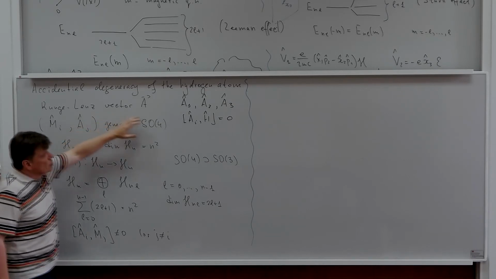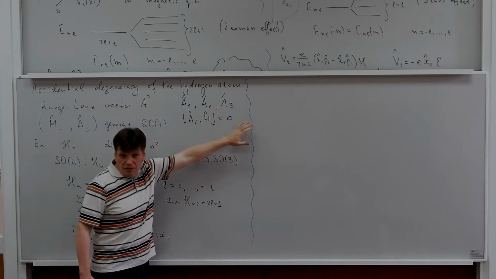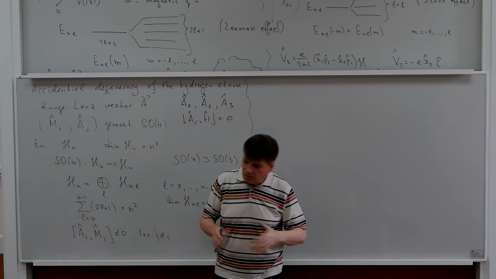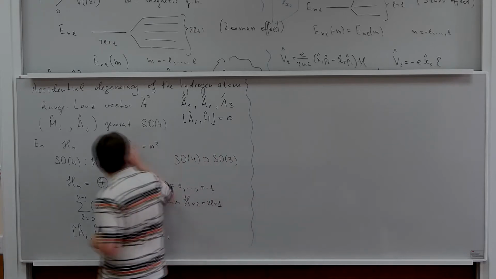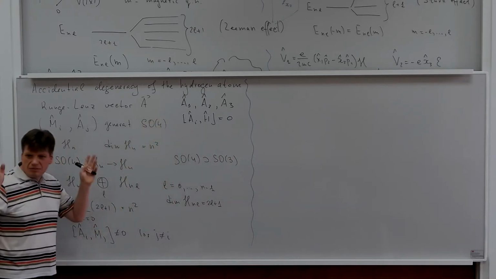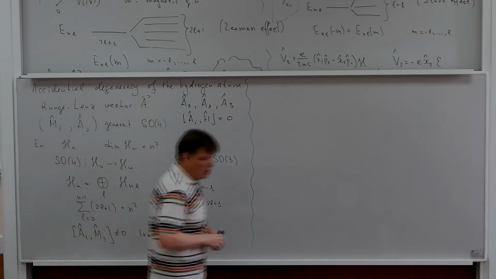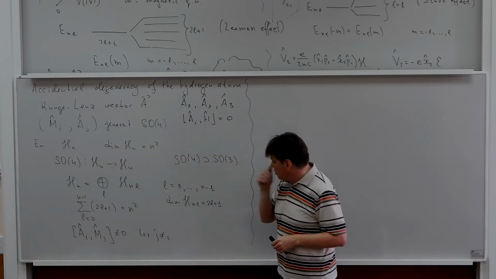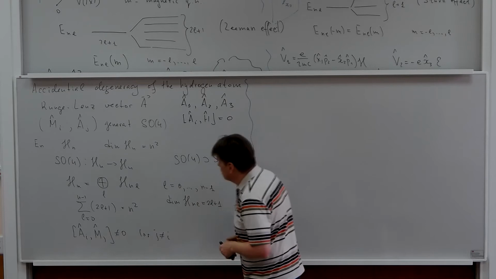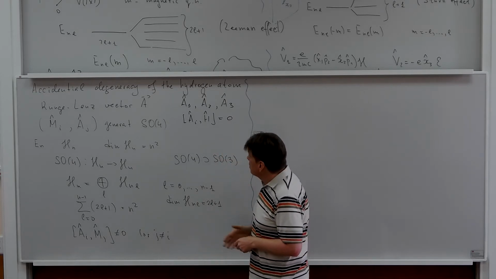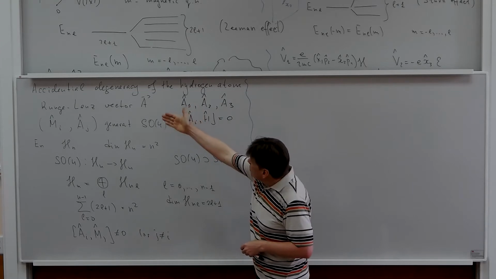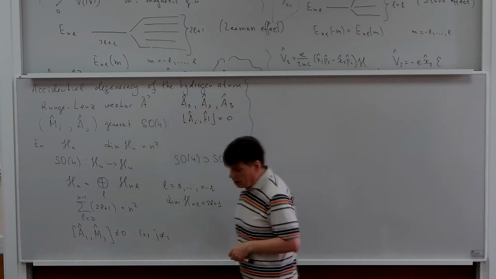Because it is non-geometric, right? It is a symmetry in some implicit four-dimensional space. But this is a symmetry of our problem, and the presence of this hidden symmetry explains this phenomenon of accidental degeneracy of the hydrogen atom.